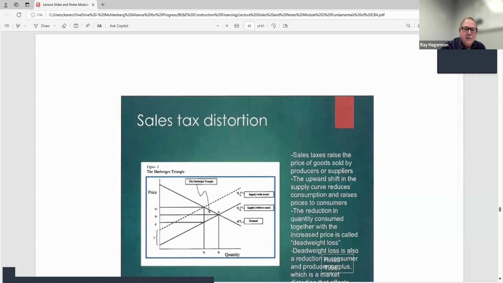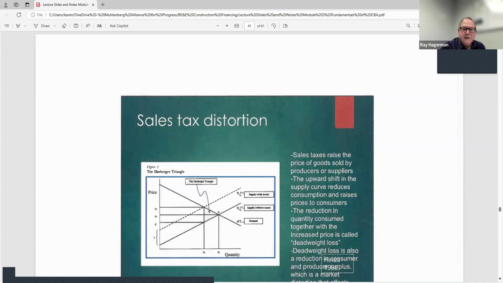So here we kind of hearken to one of the figures in the three sides of the Harberger Triangle paper that I had you guys read. As you can see, the shaded area, sorry, you can barely see it, labeled the Harberger Triangle, is in fact what we call deadweight loss, right? It's the reduction in consumer and producer surplus that happens for no other reason except that taxes exist.